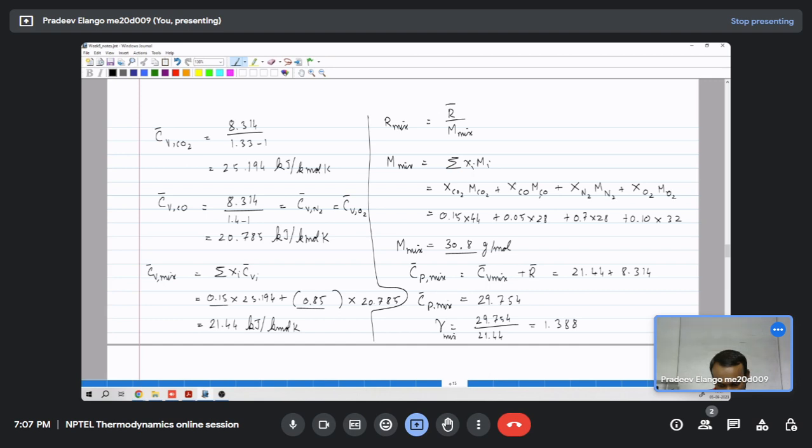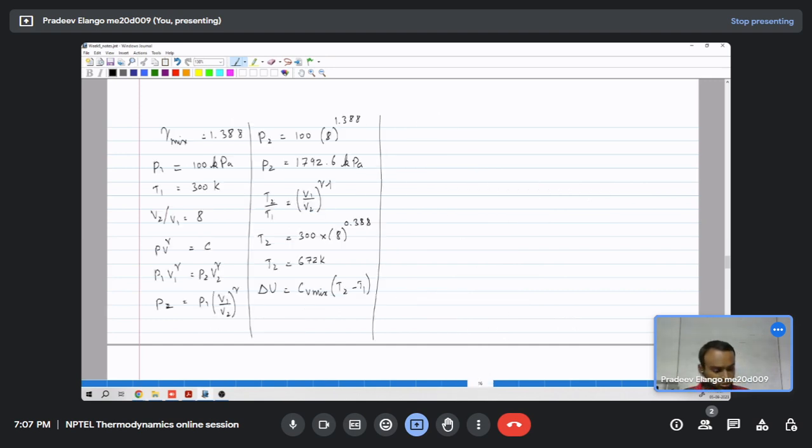So Cv of the mixture on mass basis is Cv of the mixture on molar basis divided by the molecular weight of the mixture.